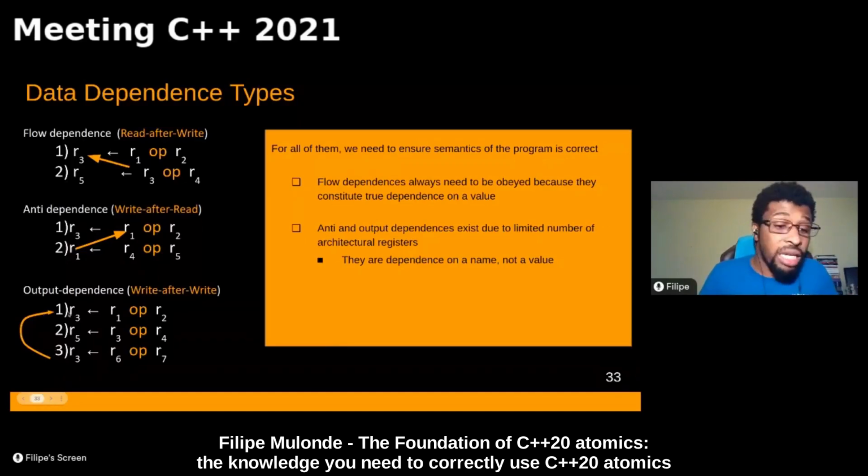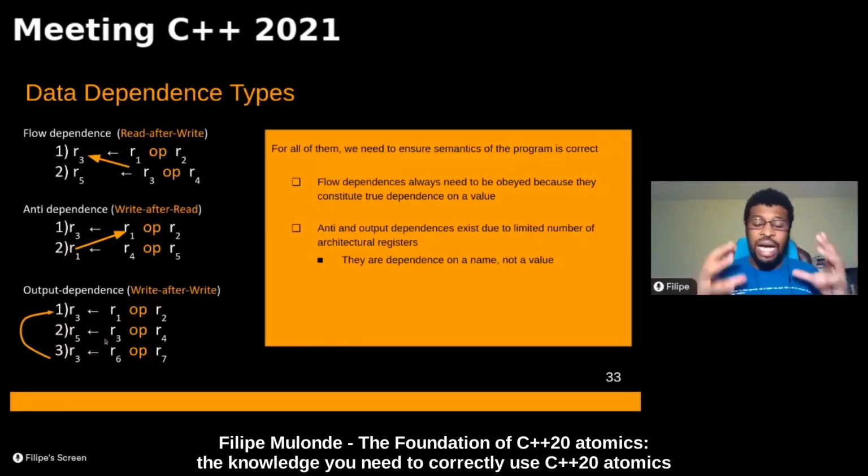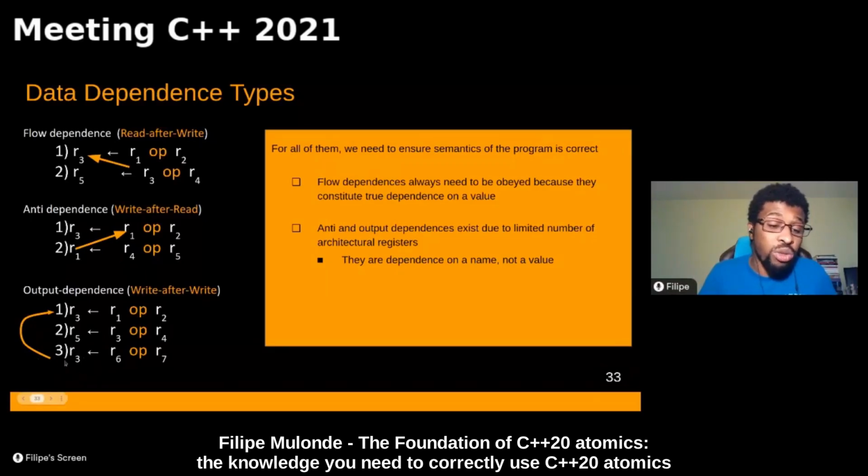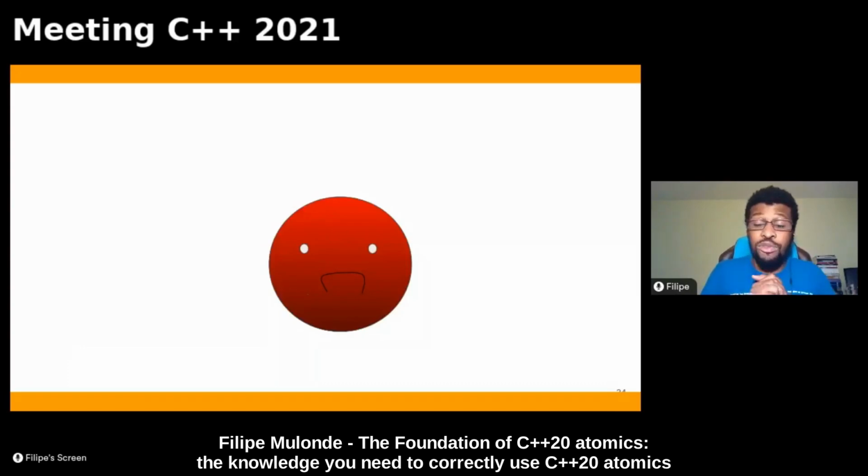The problem here is also that we don't have enough registers in our architecture, because if there are enough registers, we can replace register number 3 at instruction number 3 with register number 20, and the semantics of the program will still be preserved. So that's not good for a high performance processor, because all these dependencies will affect the performance of the processor.